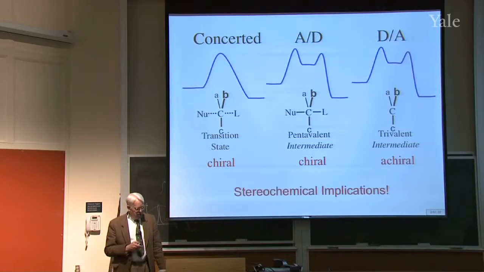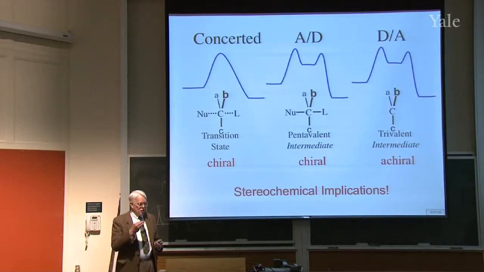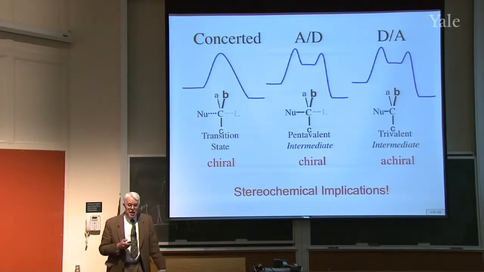And that means that there are stereochemical implications, because in the first two cases, the nucleophile comes on the opposite face from where the leaving group is leaving. But in the third case, when you have the trivalent intermediate, it could do that, but it could also come in from the other side. So you would get two enantiomers.